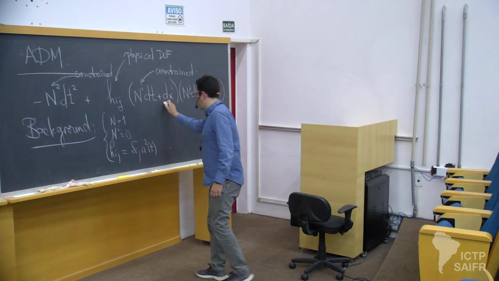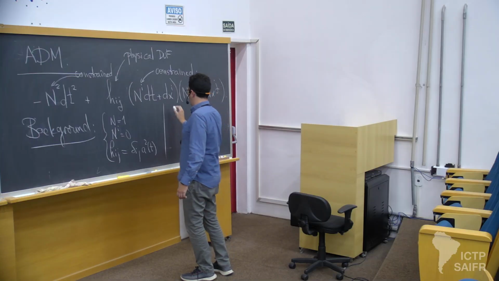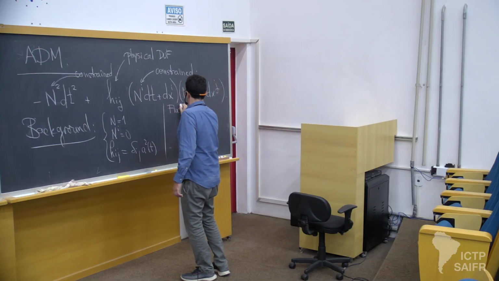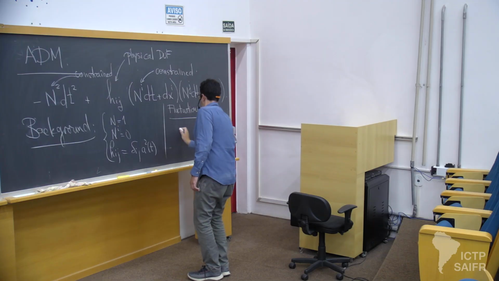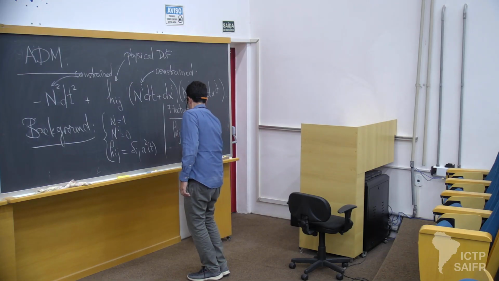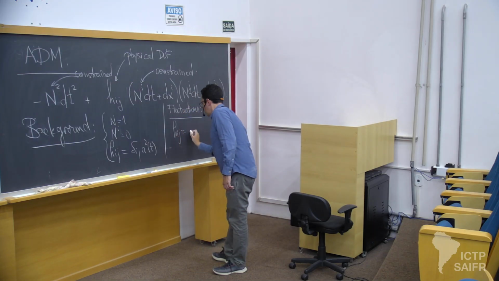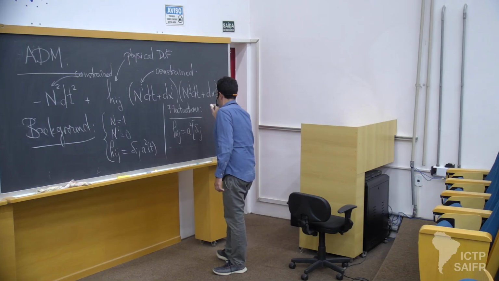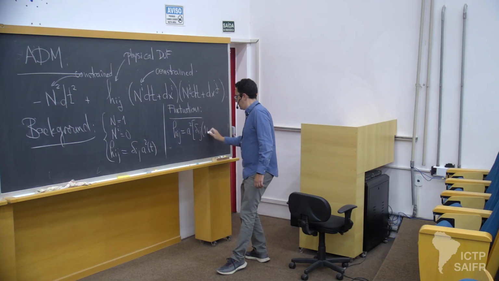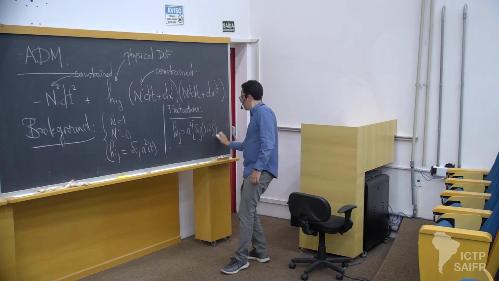But now for the fluctuations, you write hij equals a squared delta ij (1 plus 2 zeta) plus gamma ij.